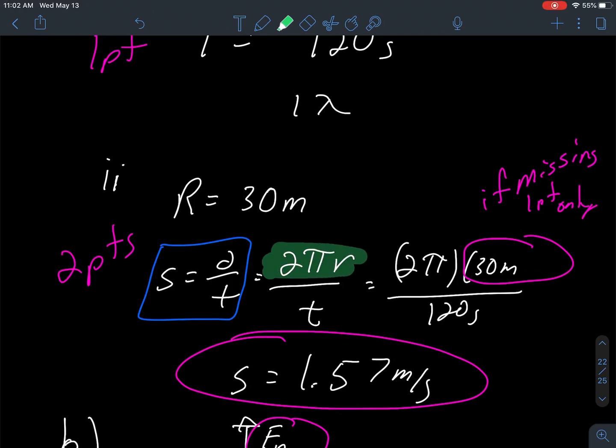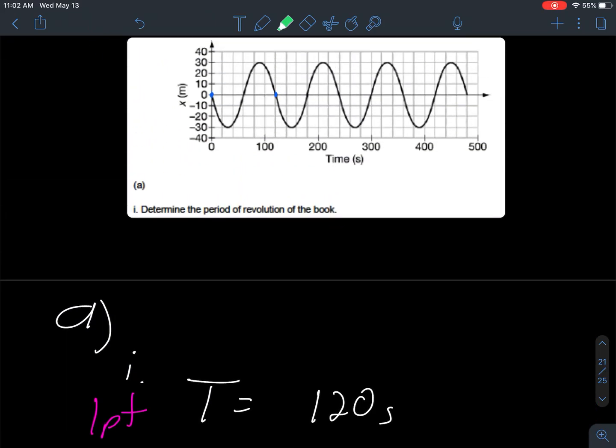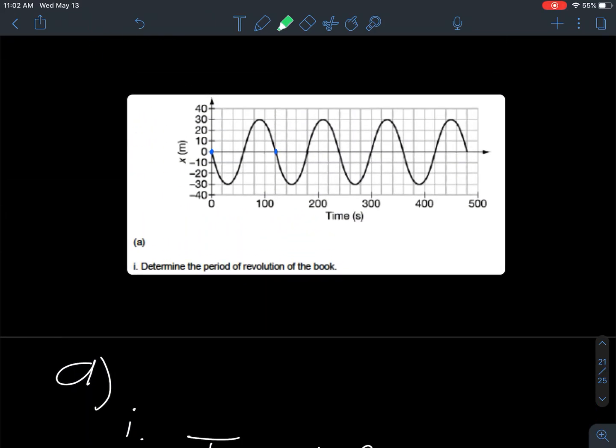So that's where this equation comes from: the circumference divided by the time of 120 seconds. The problem is getting the radius. In the picture, there's no radius, but we're going to get that from our graph.